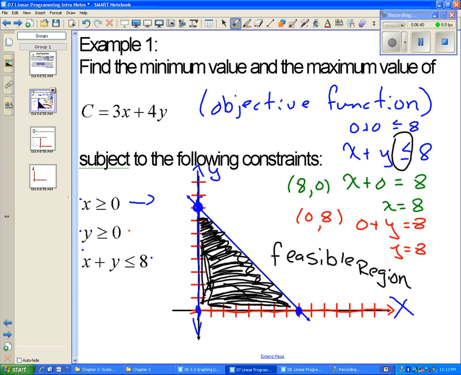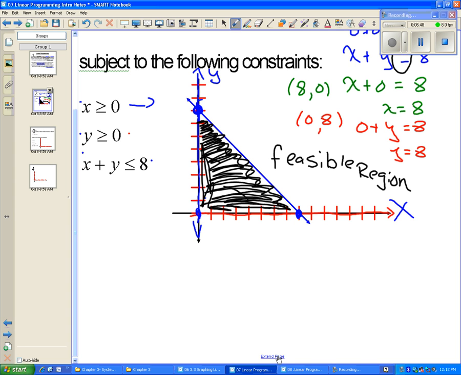Okay, so now I have my feasible region. I need to find my critical points. My critical points are my vertices. They're always vertices. They're always the vertex where my lines come together.